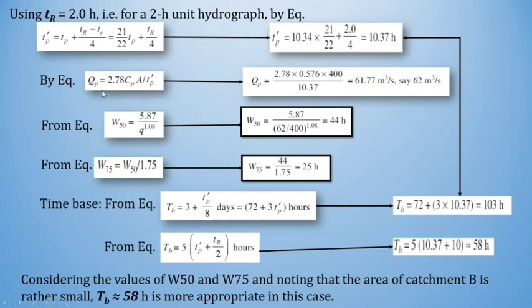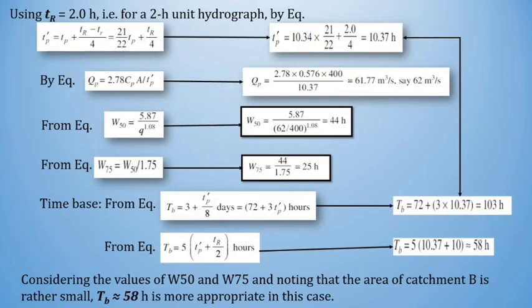Now by the equation for peak discharge, you just have to put in the values. You put the modified basin lag T'p over here, and you can estimate the peak discharge as 61.77 meter cube per second, which is approximately 62 meter cube per second.